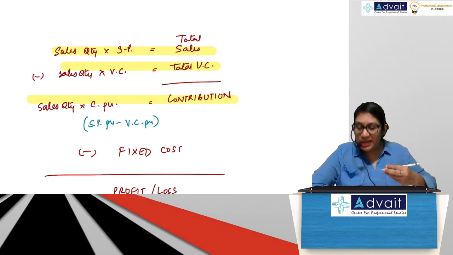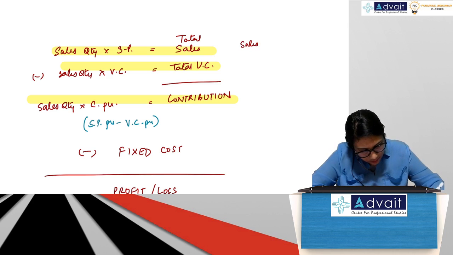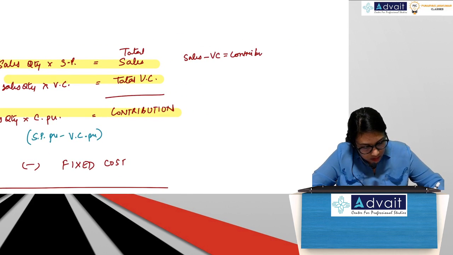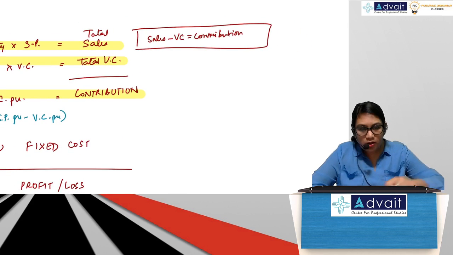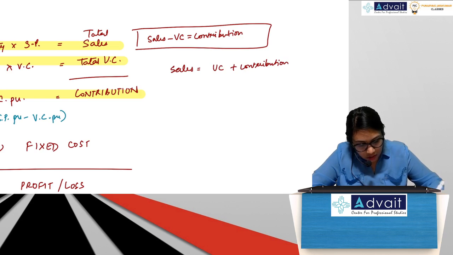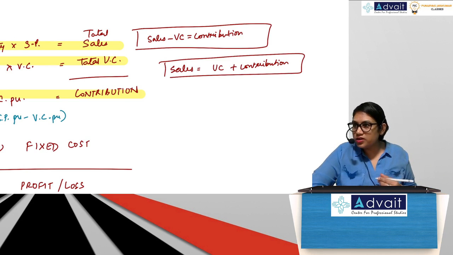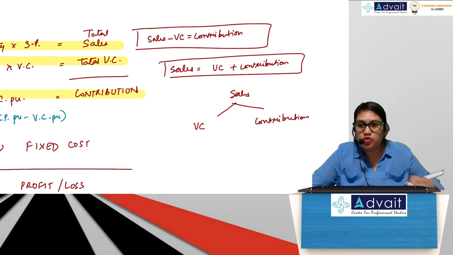You can very clearly make out that sales minus variable cost gives us contribution, correct? So if I take variable cost on the other side, what will I get? Sales is equal to variable cost plus contribution. So in other words, can I tell my sales is made up of variable cost and contribution, correct?